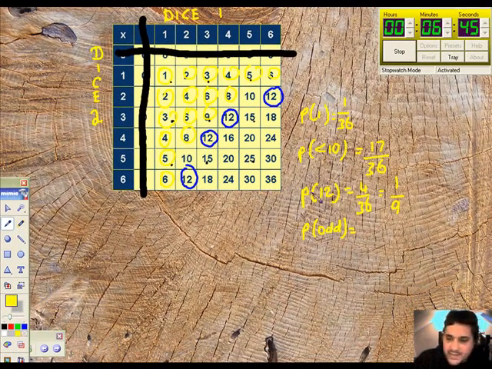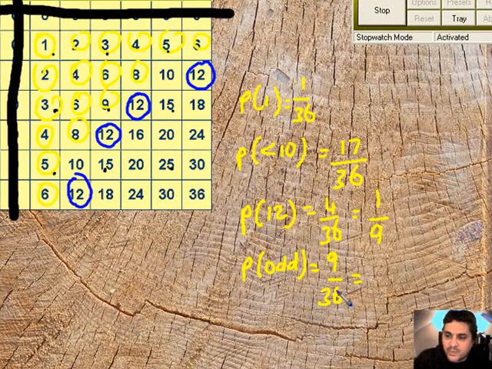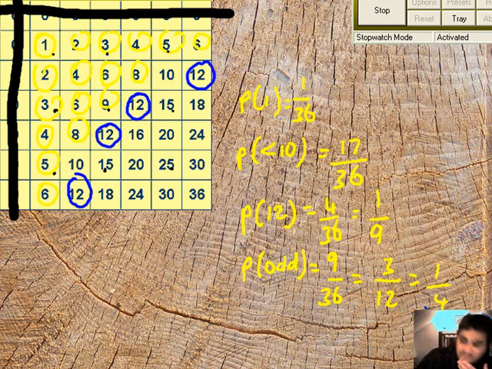Right, 9 over 36. 9 over 36 goes in there 4 times, I believe, or does it? No, 3 goes in there 3 times, 3 goes in there 12 times. Answer 1/4. There you go. Beautiful. Yeah, 4 9s make 36, so it's a quarter.